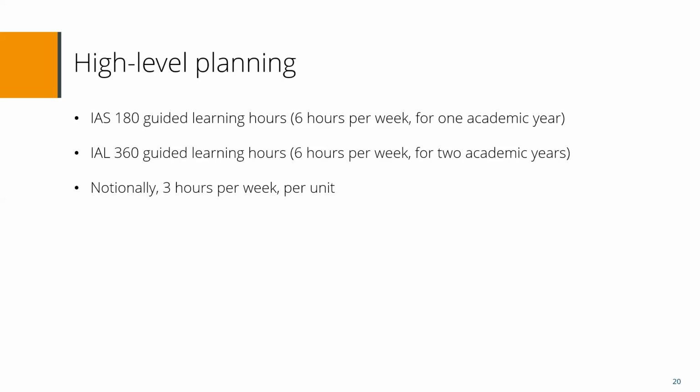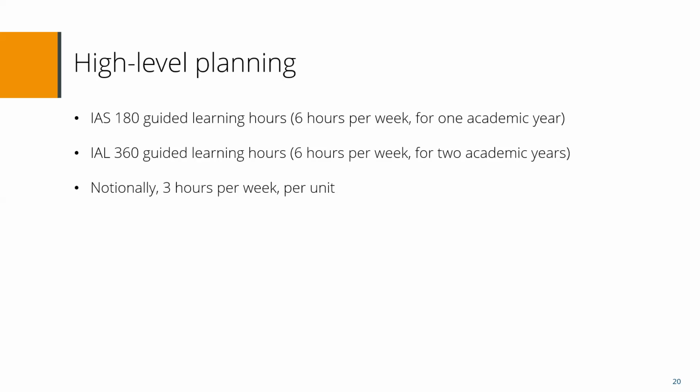So this requires a bit of thinking about, and certainly given the complexities of Unit 4, you might want to think in terms of bringing some of the A level Unit 3 and Unit 4 into the first year, after they've sat the exams.